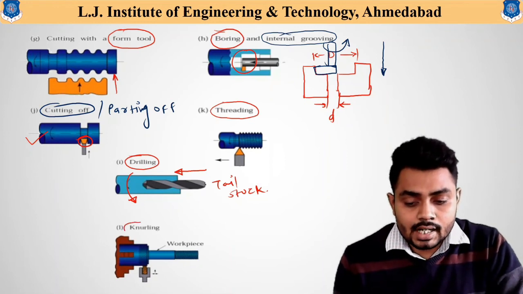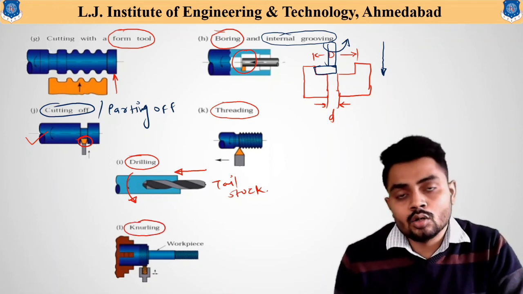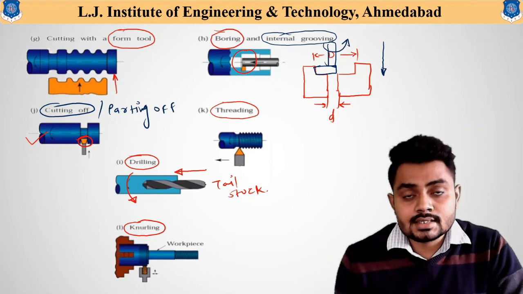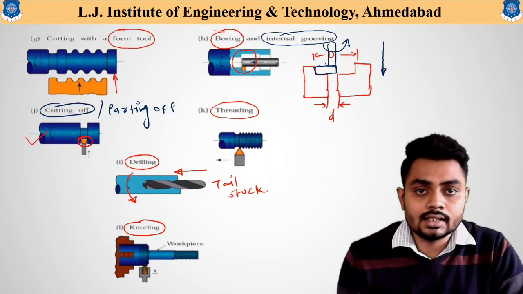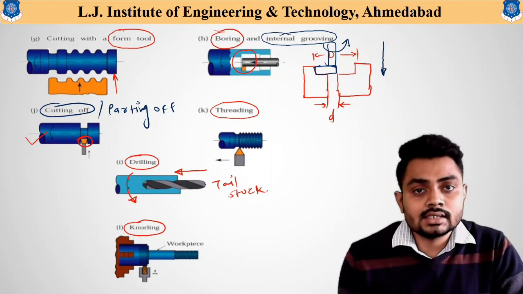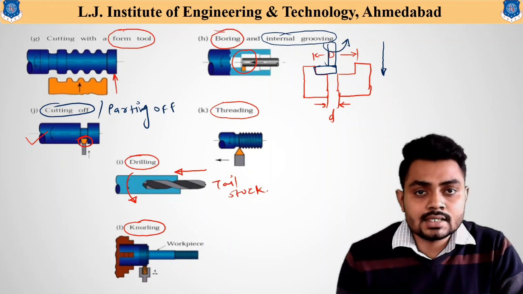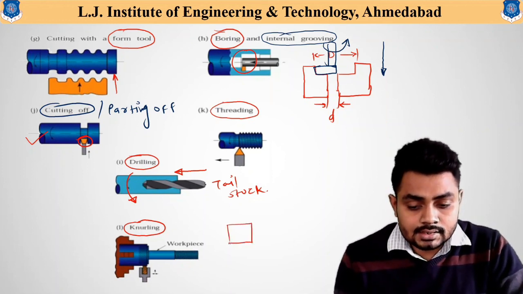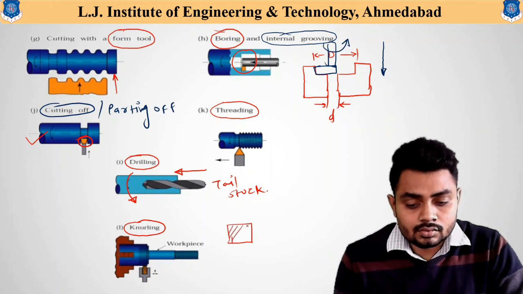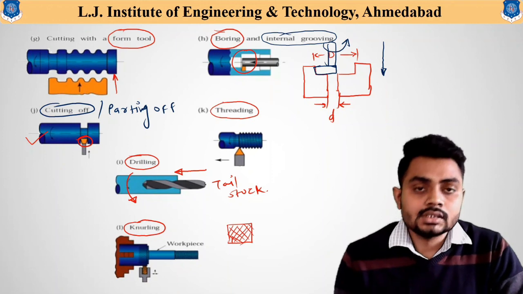Now the next and the last one is the knurling operation. Knurling is the operation with which a diamond type grooving structure can be generated on any component. That means a grip-like structure can be generated on the workpiece using the knurling tool. So the knurling design generated using this knurling tool is like this diamond type structure.